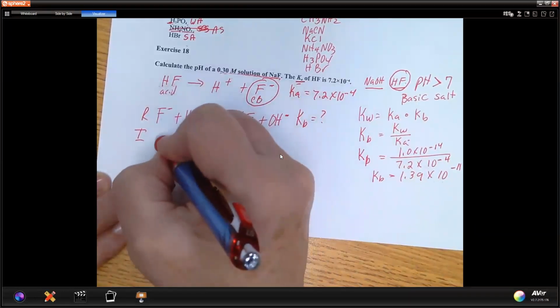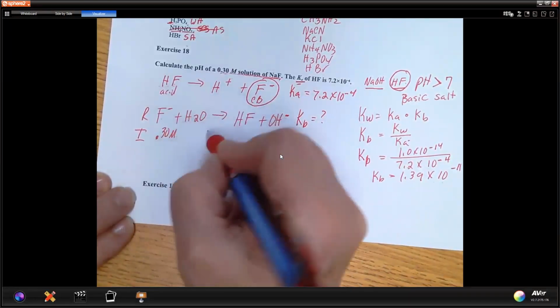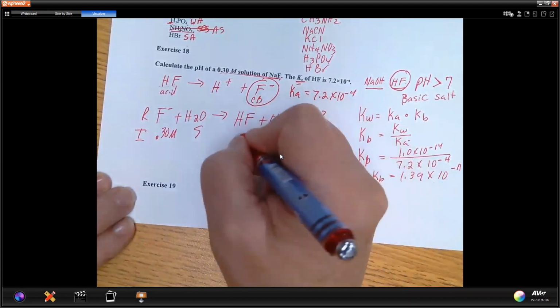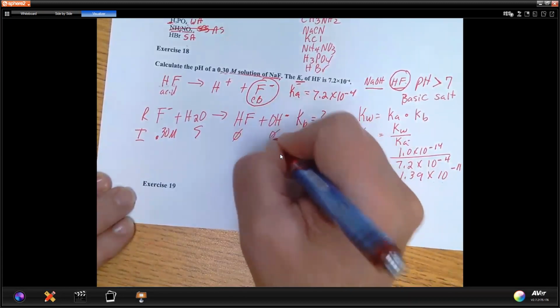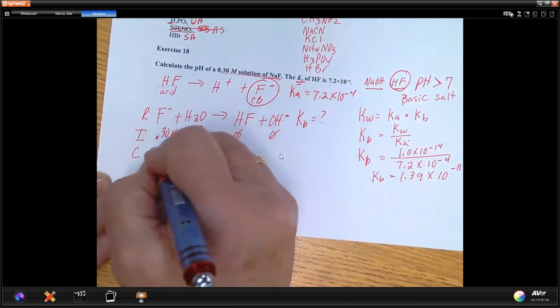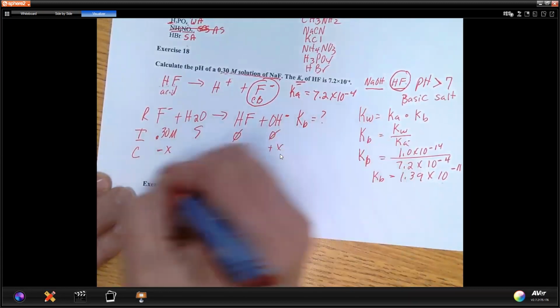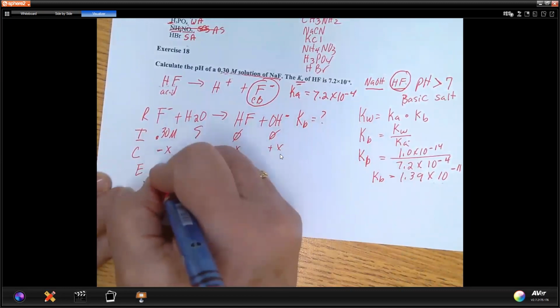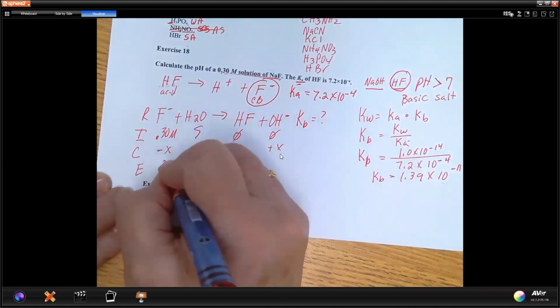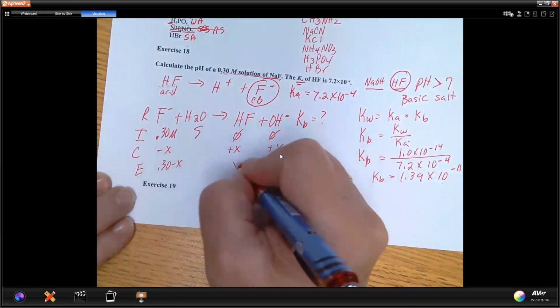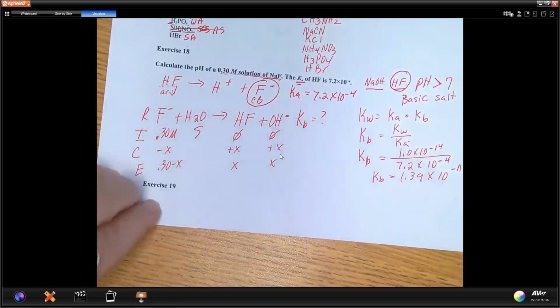So that means this starts out at 0.0 molar. We're not worried about the water. To begin with, this is nothing and this is nothing. The change is going to be minus X plus X plus X. And so my equilibrium is going to be 0.30 minus X, X, and X.